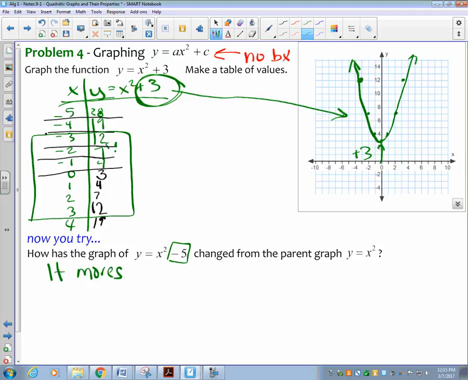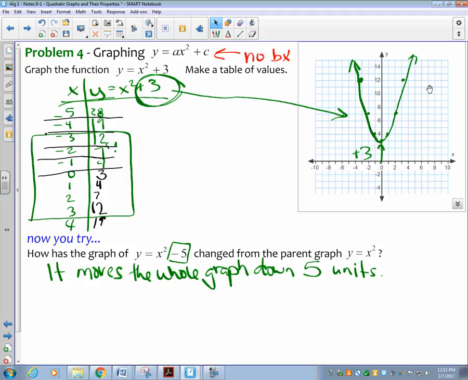So it moves the whole graph down 5 units. So it just takes all of it and pulls it down 5.